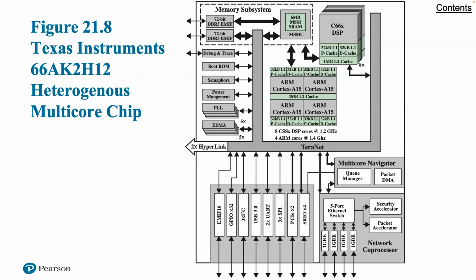Each DSP core contains 32 kilobytes of L1 data cache and 32 kilobytes of L1 program, that is instruction, cache. In addition, each DSP has 1 megabyte of dedicated SRAM memory that can be configured as an L2 cache, all main memory, or a mixture of the two.